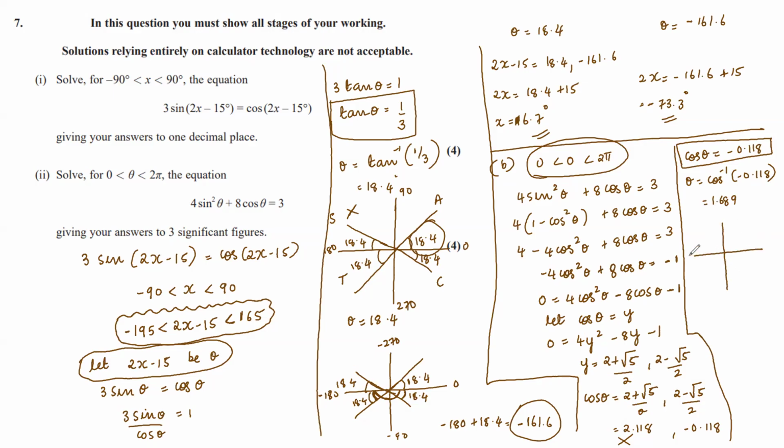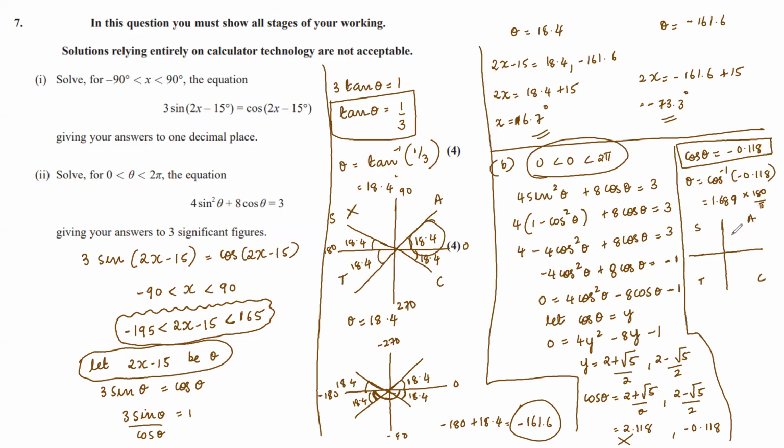We use the CAST diagram. The problem with this is 1.689. If you convert this into degrees, multiply it by 180 and divide by pi, 1.689 into 180 divided by pi will give us 96.77.